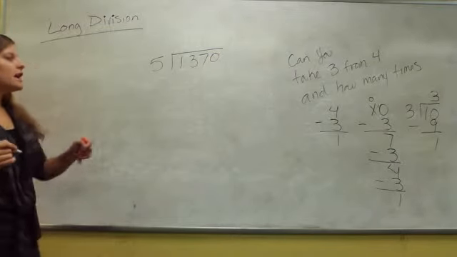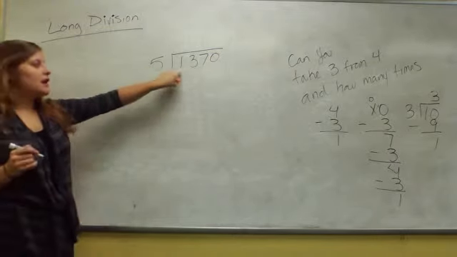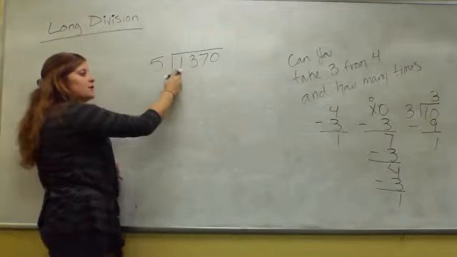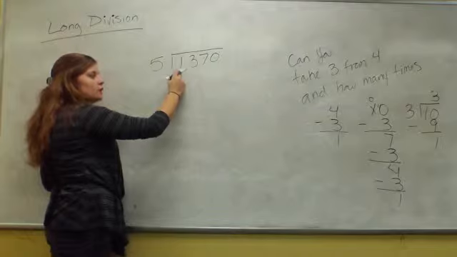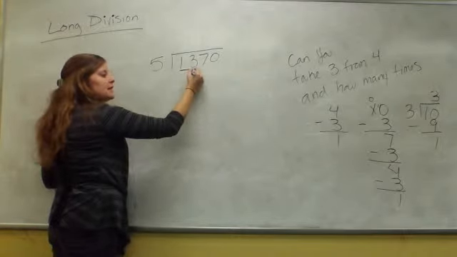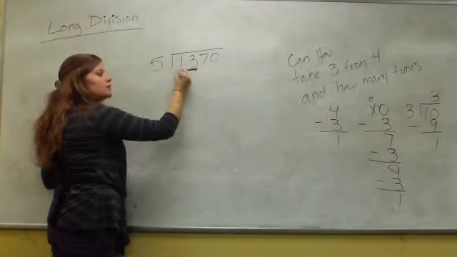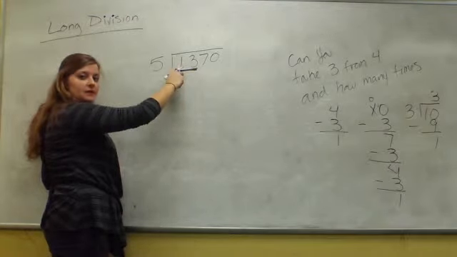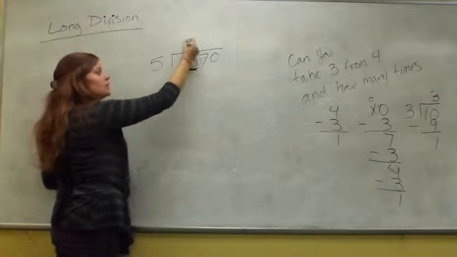All right, so now this is the first time I can't go into the first number. Can 5 go into 1? No. Now I take in the first 2 numbers. Can 5 go into 13? Yes. How many times? 2.